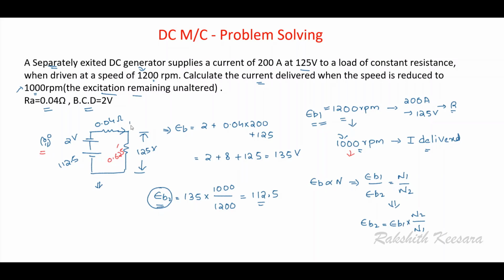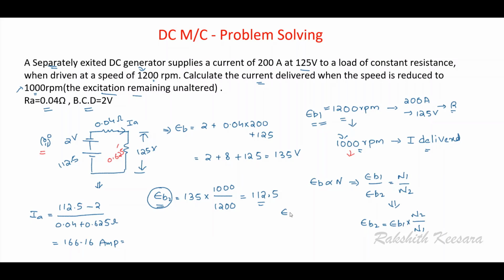From here, current IA will be IA is equal to 112.5 minus 2 by 0.04 plus 0.625 ohm. And the answer is 166.16 ampere. Is this clear?